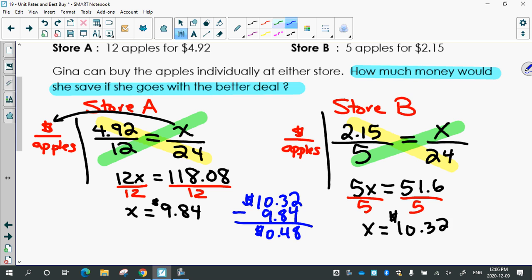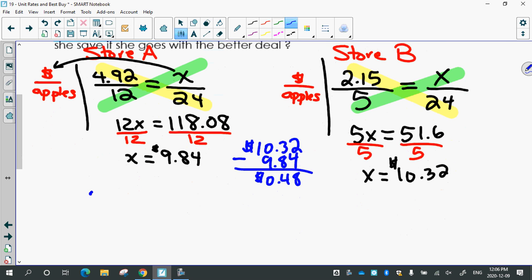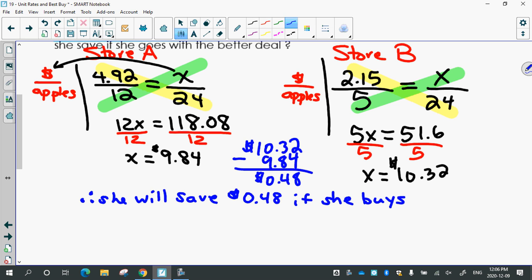And then you need a nice therefore statement. Therefore, she will save 48 cents if she buys them at store A. Okay, so this is the smaller amount, so she buys them at store A, she's going to save 48 cents.